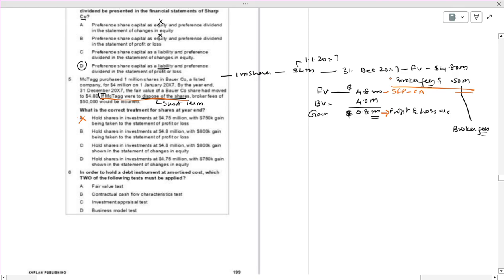Wait. If it is long term, we will take it to the statement of changes in equity. If it is not long term, we will take it into profit and loss. Hold the shares at 4.7 will not come. The answer is B.